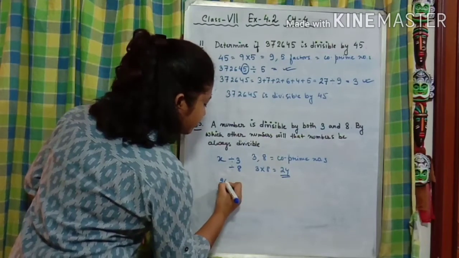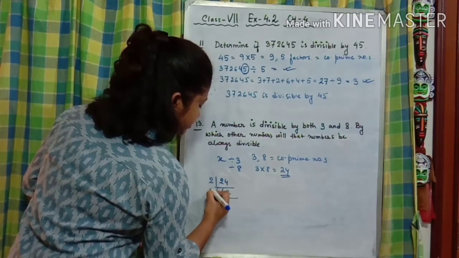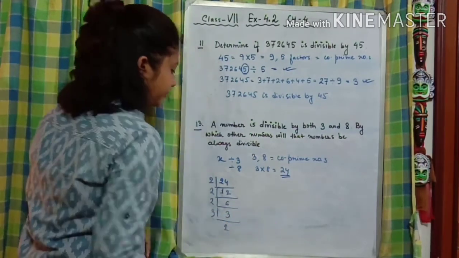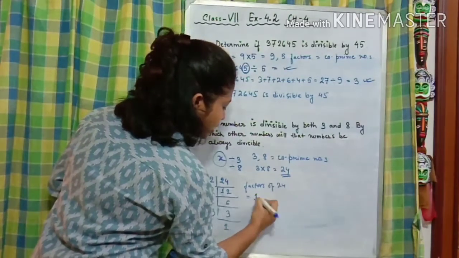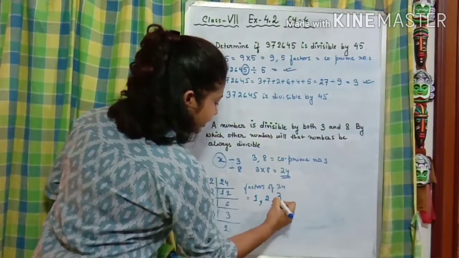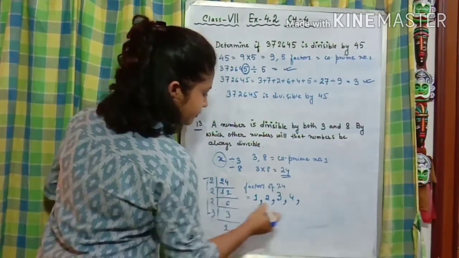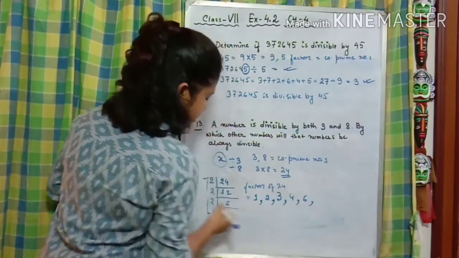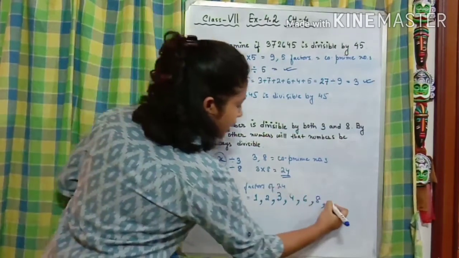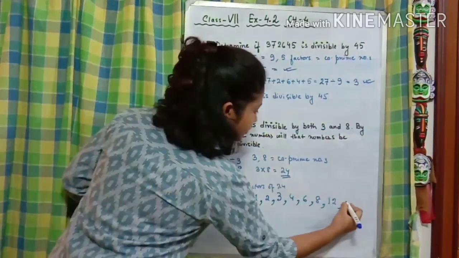For that we have to split 24. 1 one is 1, 2 ones are 2, 3 ones are 3. 2 twos are 4, 3 twos are 6, 4 twos are 8, 6 twos are 12, and 12 twos are 24.